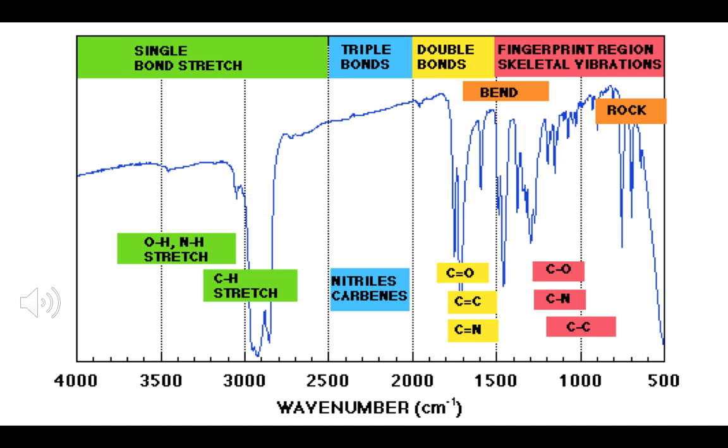And then the two most important ones are the oxygen. The oxygen is usually around 3200 to 3600, strong and broad. And then the nitrogen is usually 3300, and its peaks correspond to the number of hydrogens it has. The carbon-hydrogen bond is usually pretty strong and choppy and sharp.